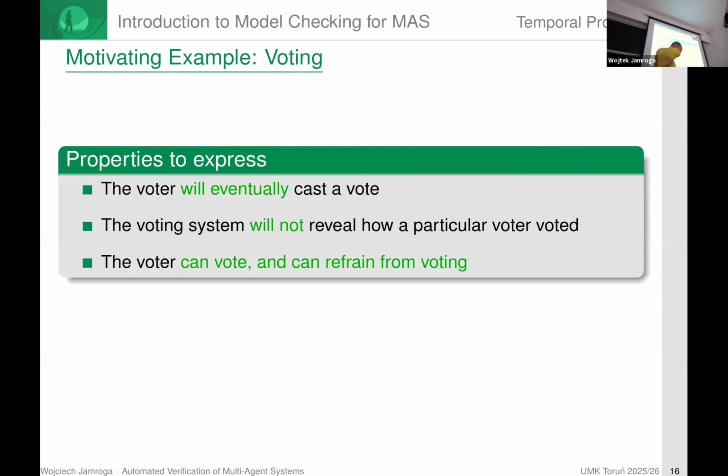Okay, so let's start with temporal properties. And to motivate this part, let's say we want to express a number of properties. One of them is a reachability property, and says the voter will eventually cast a vote.